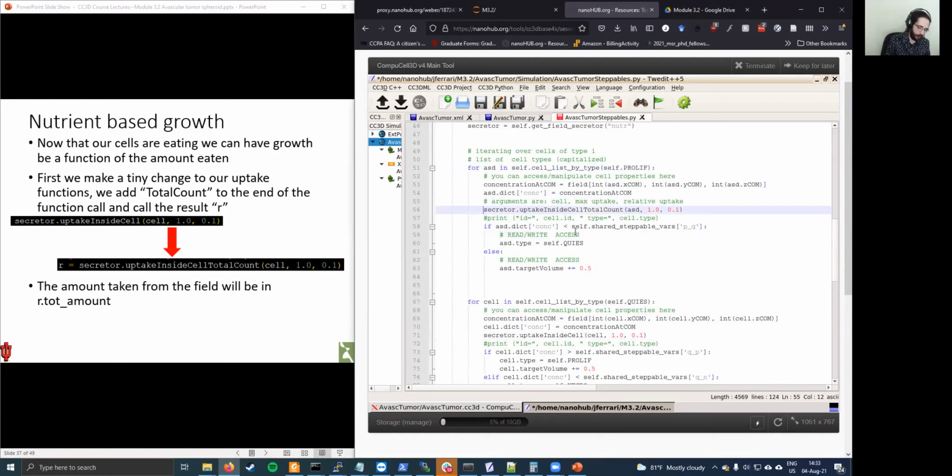And we actually need to get the results from that function. So I'm going to have R equals secretor.uptake inside cell total count cell max relative. And I'm going to have the same thing for my quiescent cells.